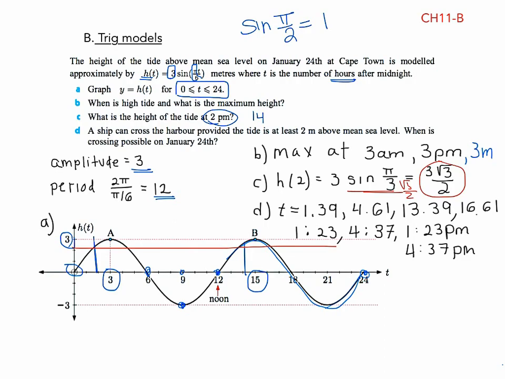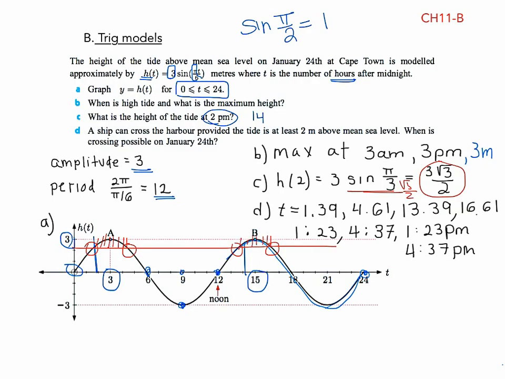D, a ship can cross the harbor provided the tide is at least 2 meters above the sea level. When is crossing possible on January 24th? So in order for a ship to cross, it needs to be 2 meters and above. That means when you find the intersections at 2, which are going to be 4 intersections on this graph, it needs to be above the 2 meters. So that's between these two intersections and these two intersections.